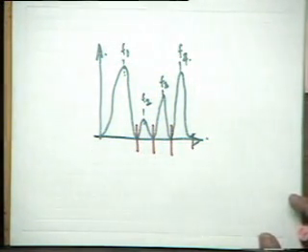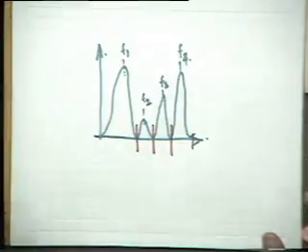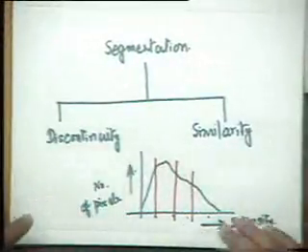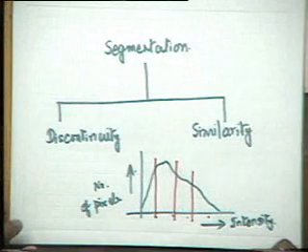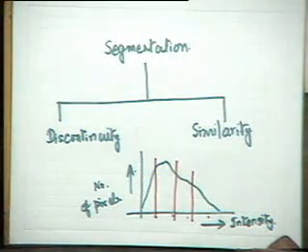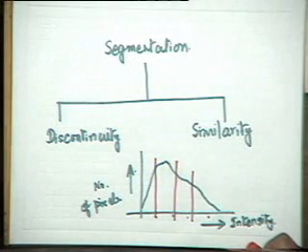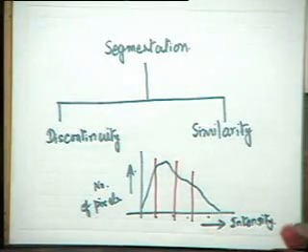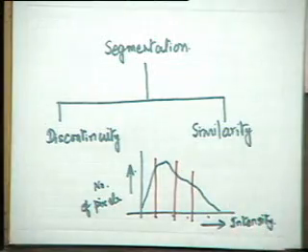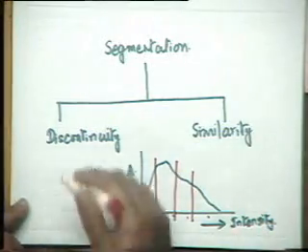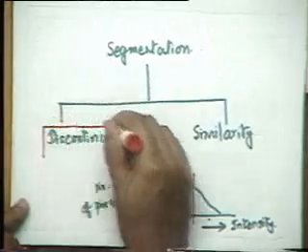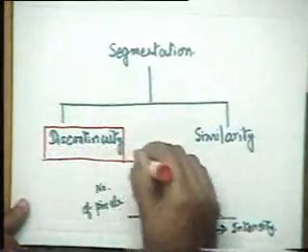There may be other approaches towards similarity detection also, like region growing, and region splitting and merging, and all these techniques we are going to discuss during our lectures on segmentation. So we will first start with segmentation approaches based on discontinuities.